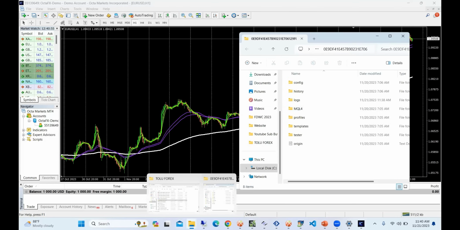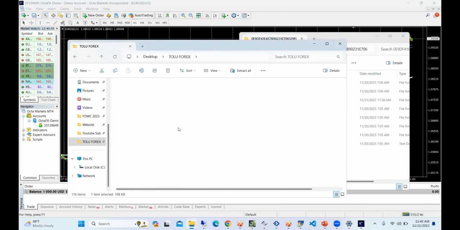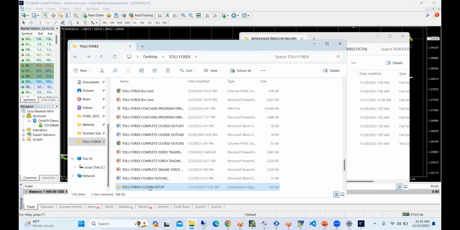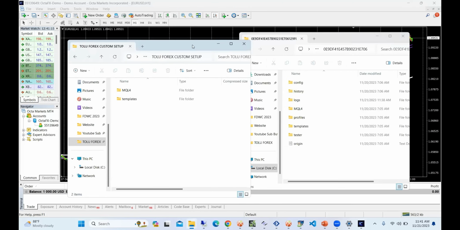First, let me open the other one side by side. So this is what is inside that folder when you open it. Yes. Okay.